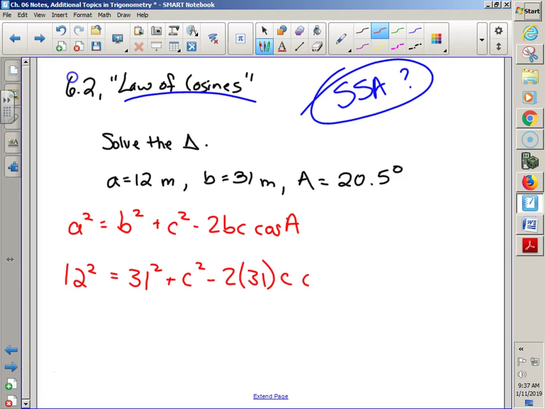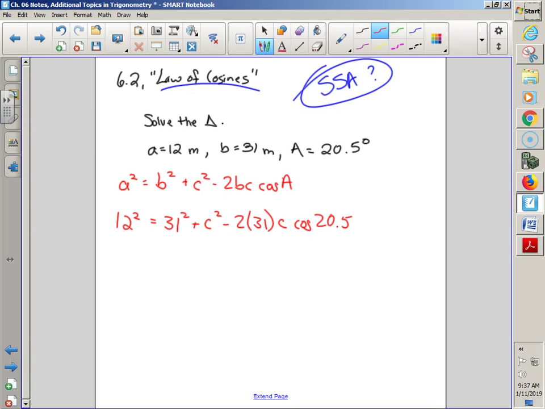Let's see. How on earth would you solve based on what you just saw? How on earth could we solve for C given this nasty law of cosines? Because what we could do is we could subtract 144. Subtract 12 squared. Get everything equal to 0. We would have C squared minus 62 minus, nope, plus, what's 31 squared minus 144?